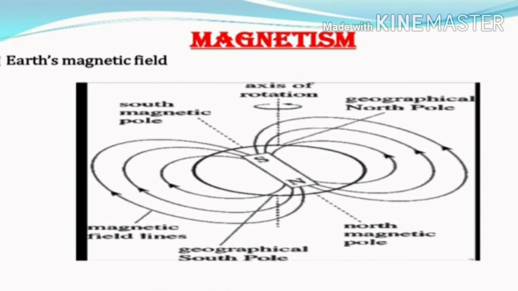If a magnet is suspended freely from a thread and is allowed to rotate in a horizontal plane, it will automatically align in the north-south direction and come to rest. The north pole of the magnet is attracted towards the geographical south and the south pole of the magnet is attracted towards the geographical north.